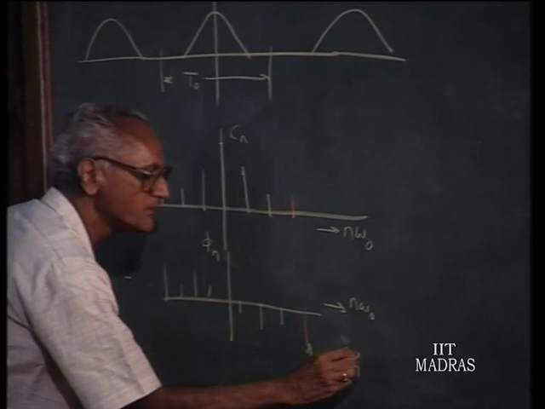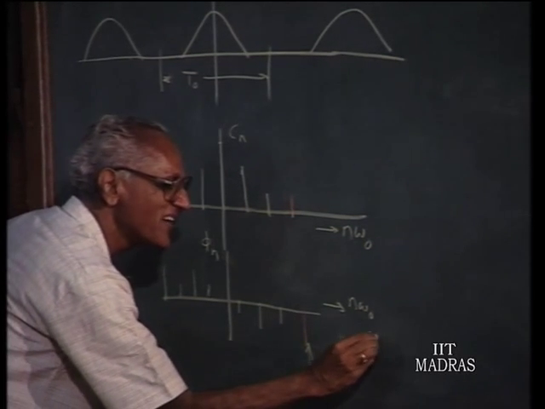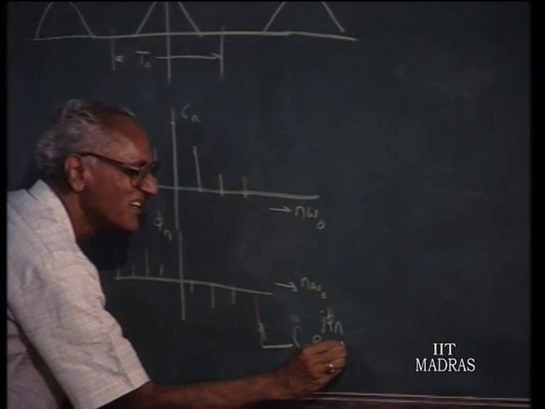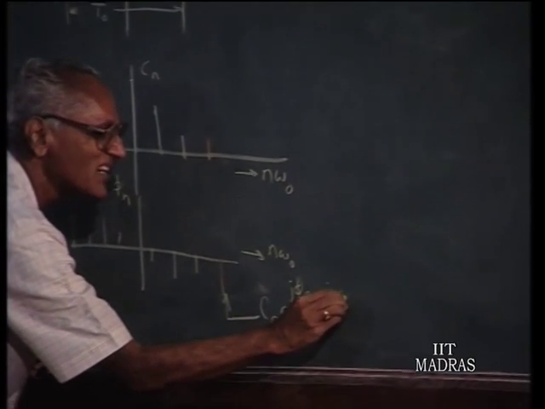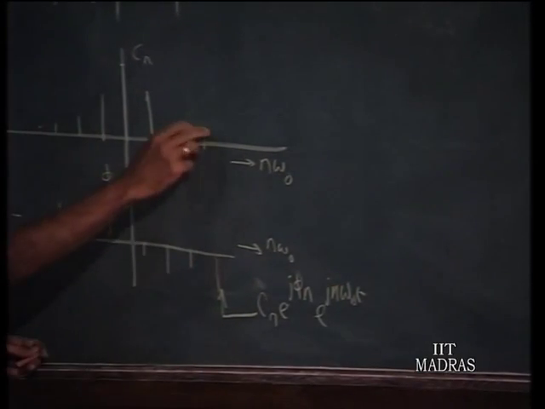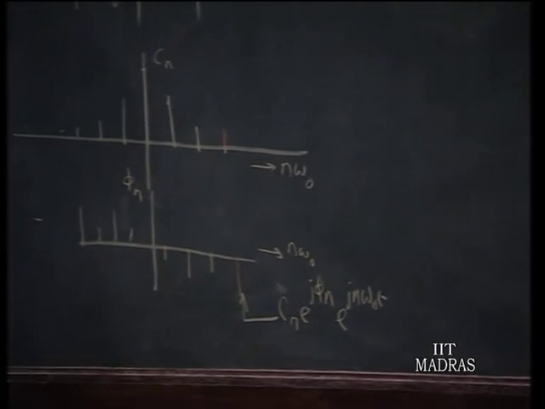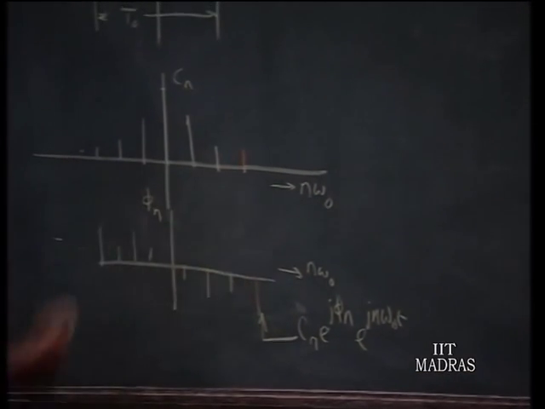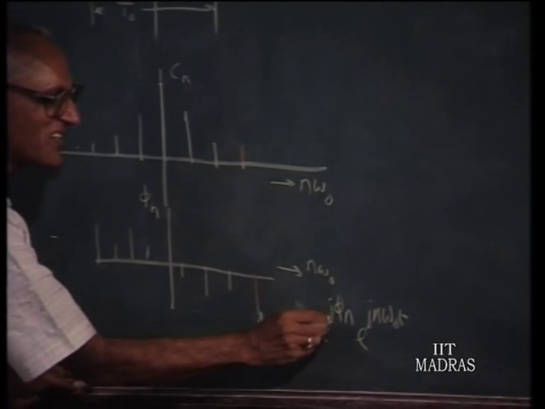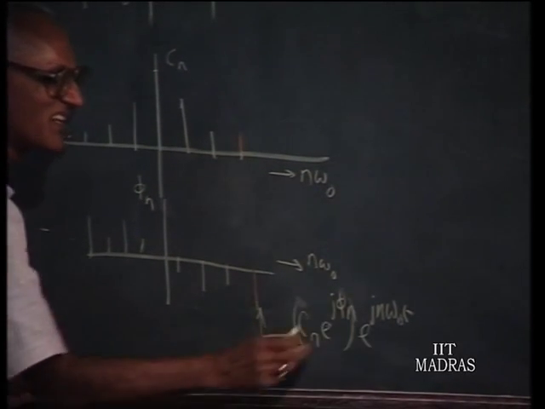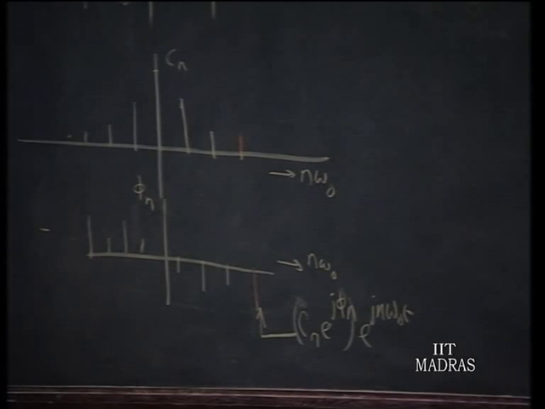So, it is C n e to the power of j phi n e to the power of j n omega naught t. So, the significance of these two terms, one specifying the magnitude, the other specifying the phase, is that C n e to the power of j phi n is the coefficient of this exponential term e to the power of j n omega naught t.